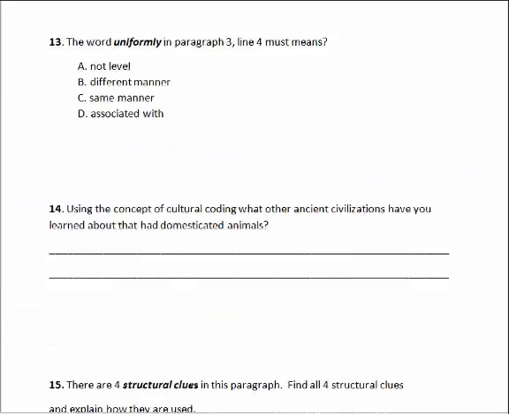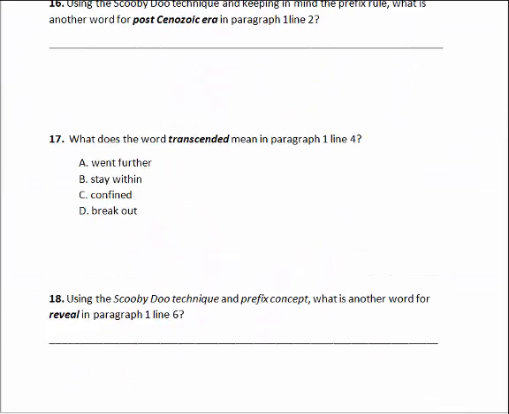Transcend. Let's see which word best fits that specific scenario. A, you're going to go from just dogs, went further into cats. That works. Stay within dogs, stay within cats? That sounds weird. Confine from dogs just to cats? No, that's not what they're saying. Break out from dogs to cats.